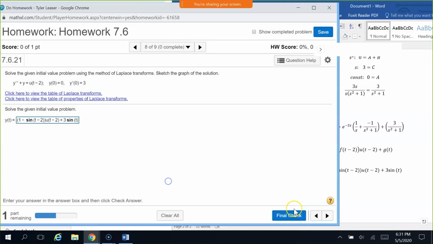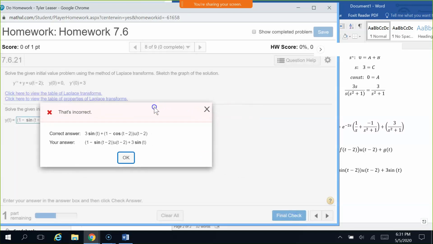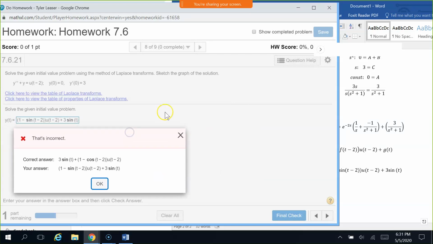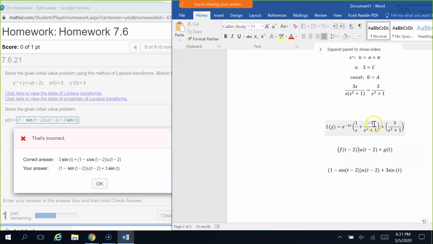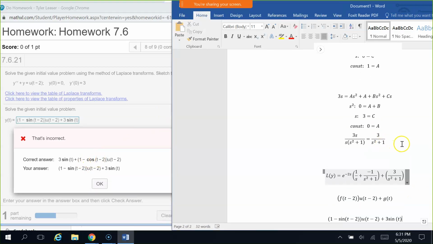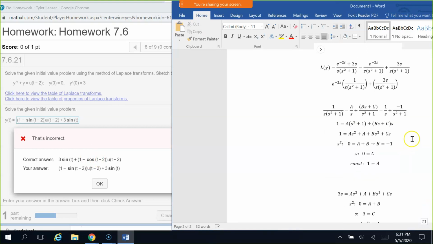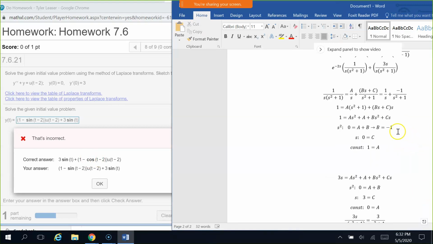Well, let's just see what the right answer is again. Oh, it says it was a cosine instead of a sine. Oh, I see where my mistake was.